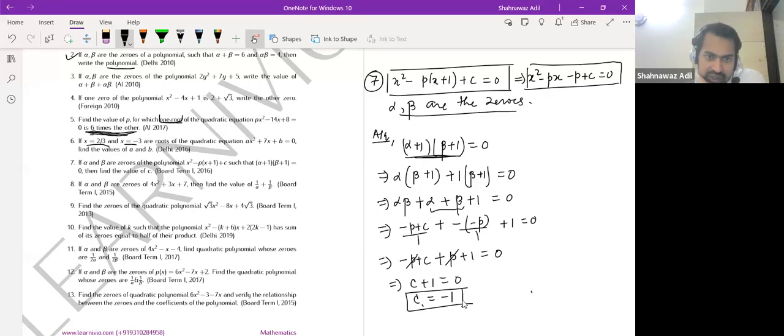Then find the value of k such that the sum of its zeros equals half their product. This one is different. So the 10th, 11th, and 12th are different. Did you guys note it down? Yes, sir.